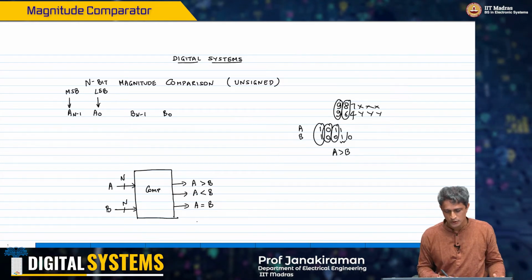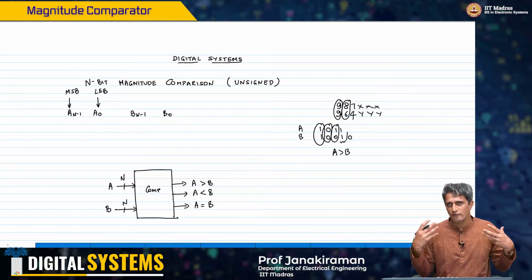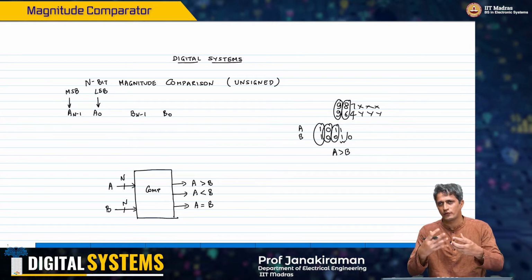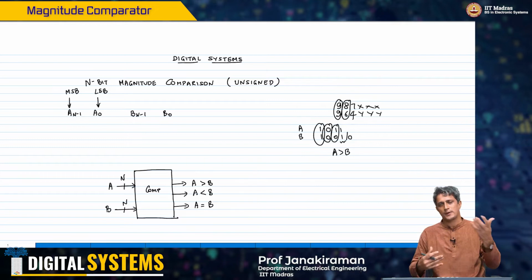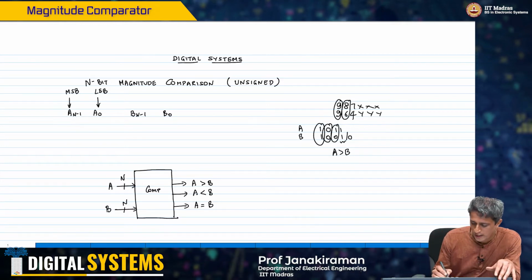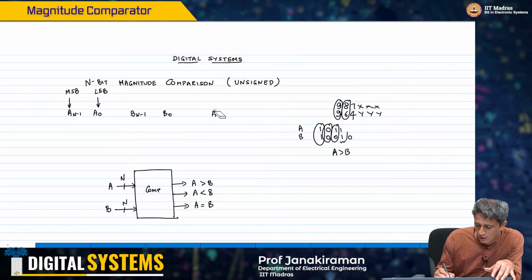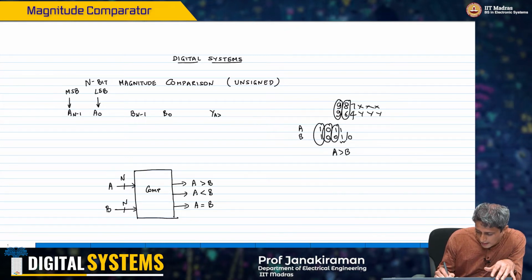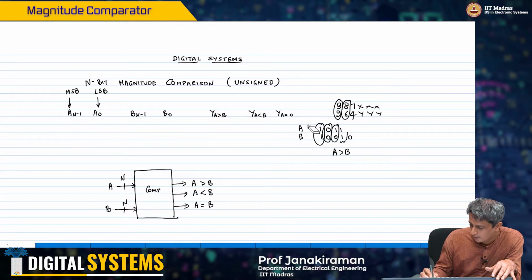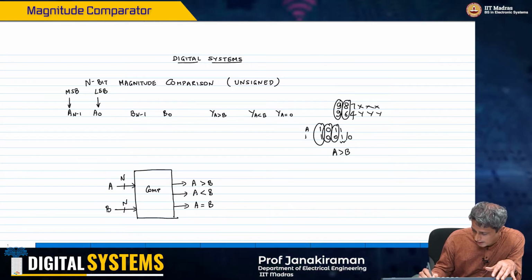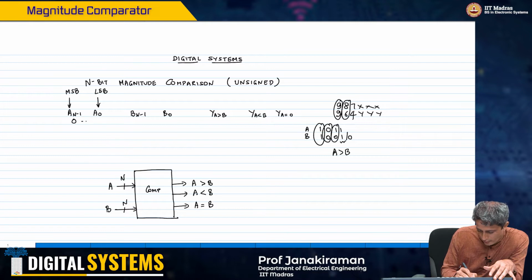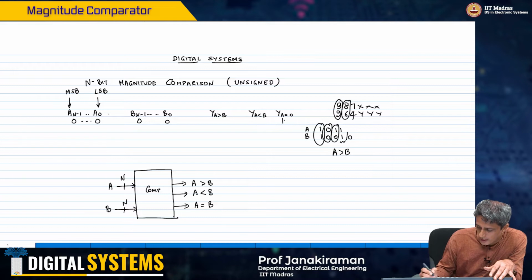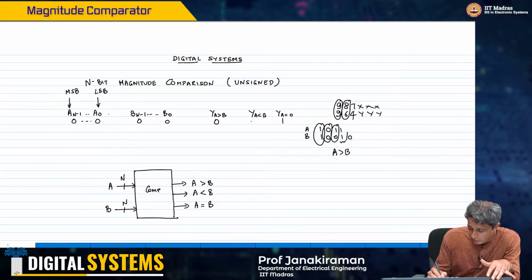Comparator. As I told you in the very first lecture of this discussion with respect to the adder, we can do the same thing here. I have outputs Y(A>B), Y(A<B), and Y(A=B), with inputs A and B. If everything is 0, then Y(A=B) will be 1, and both the others will be 0.